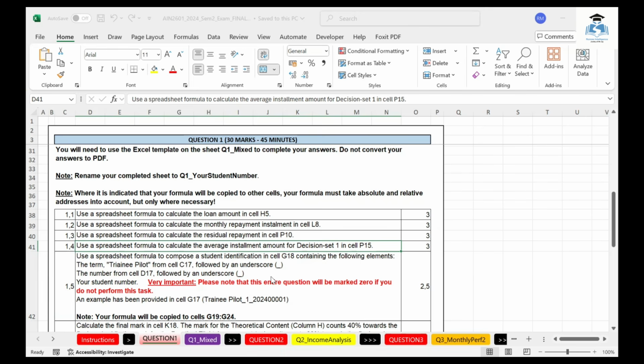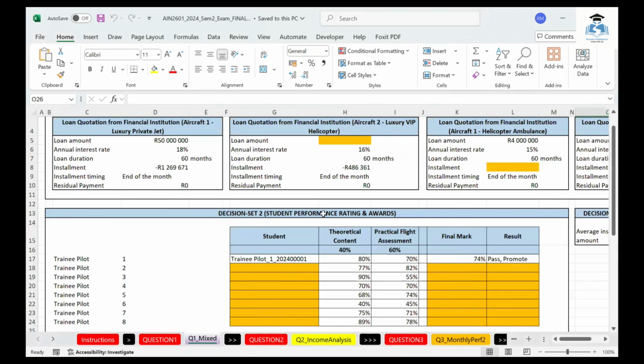Loan amount. Let's go here. This is the loan amount. So how do we calculate it, from what we have learned? What do we do, guys?